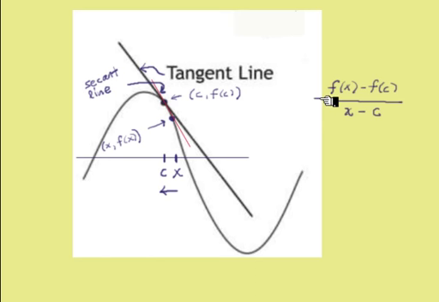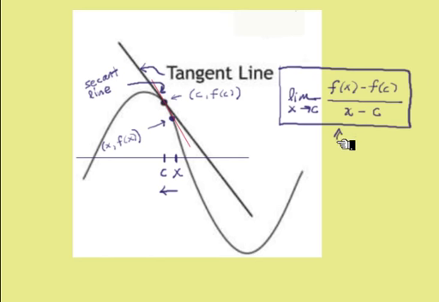That's why the formula for the slope of the tangent line is a limit of slopes of secant lines. So if we just stick a limit in front, the limit as x goes to c, that's the formula for the slope of the tangent line at the point c comma f of c.